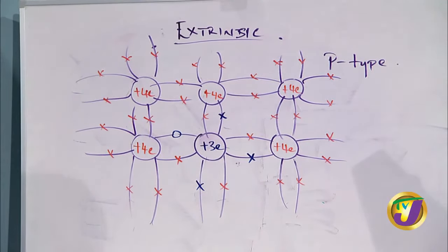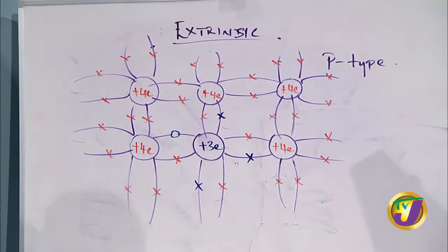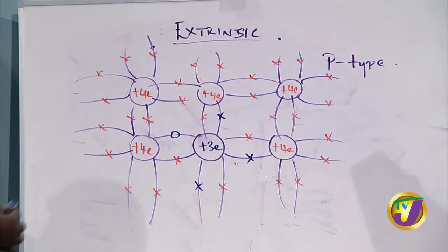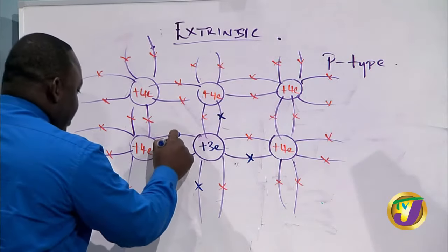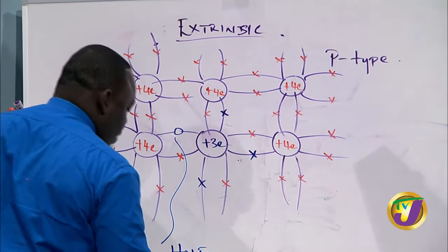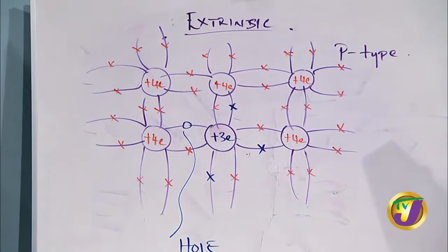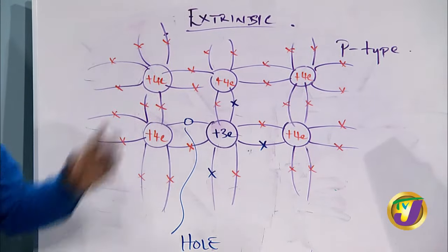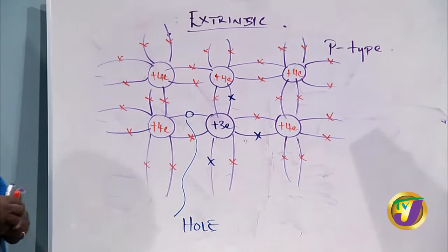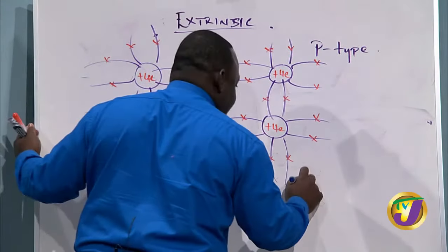Boron comes from a group 3 element, so it has 3 electrons on its outer shell. Having the 3 electrons, what we realize here is that we have a what? A hole. We refer to this hole as being positively charged. So the majority carriers in a p-type semiconductor would be what?